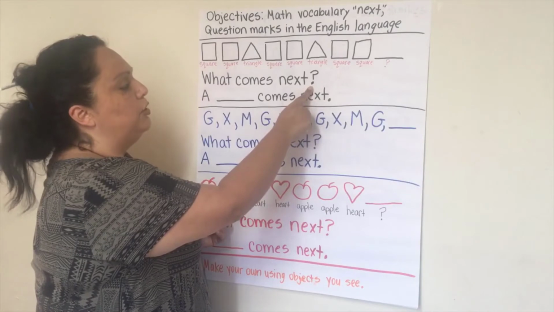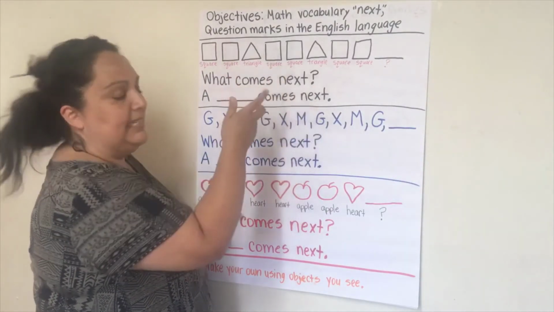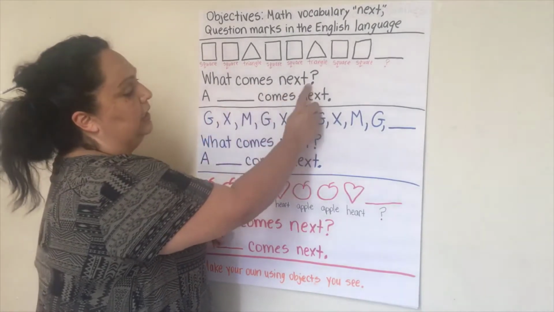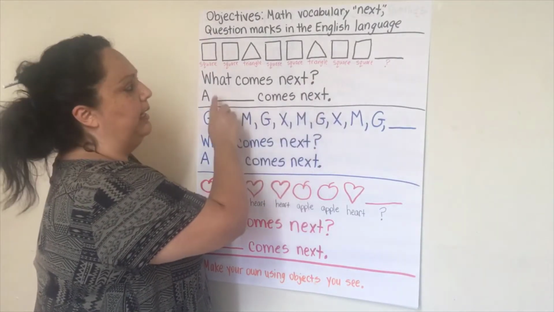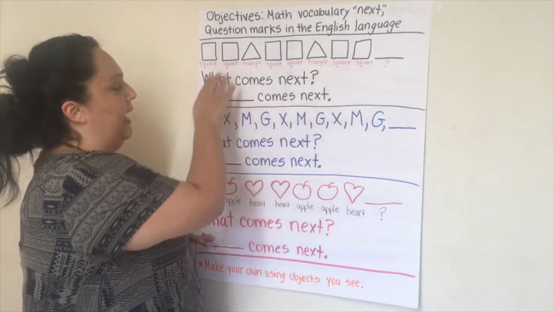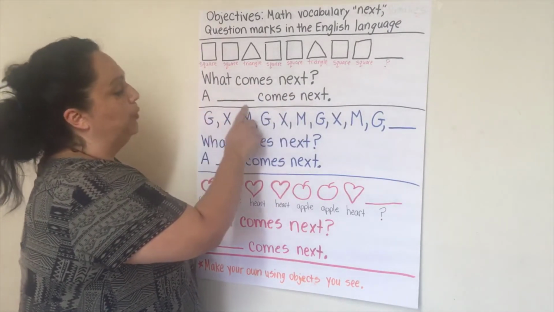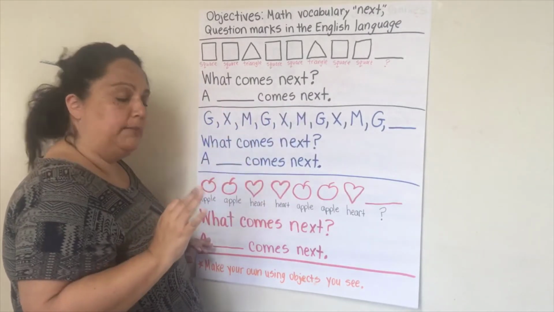And for those who do, I know in some languages you write or read an upside down question mark, in Spanish. They need to know that in English, you only use a question mark at the end of the sentence, not at the beginning and the end. So you would ask this question with them. What comes next? A triangle comes next. And you'd have them repeat that with you three times.